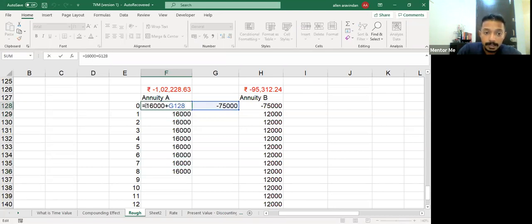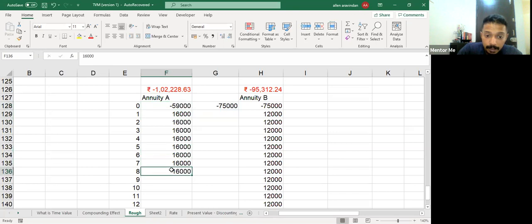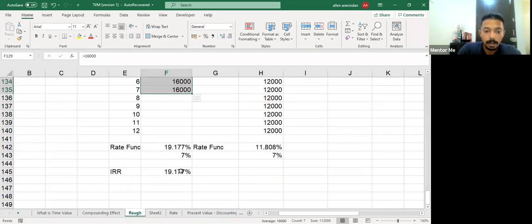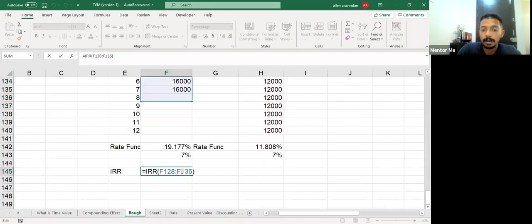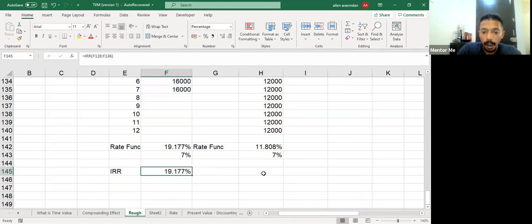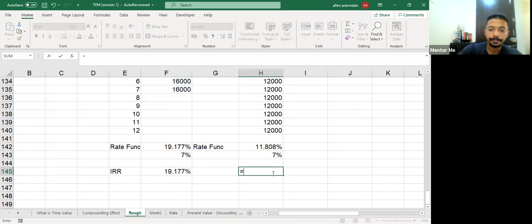So your 16,000 has already happened at the beginning itself. So 1 out here plus 7 out here, that makes it 8. 8 times 16,000 is repeated. Now if you clear IRR, you get the right answer. So IRR can be used here also.